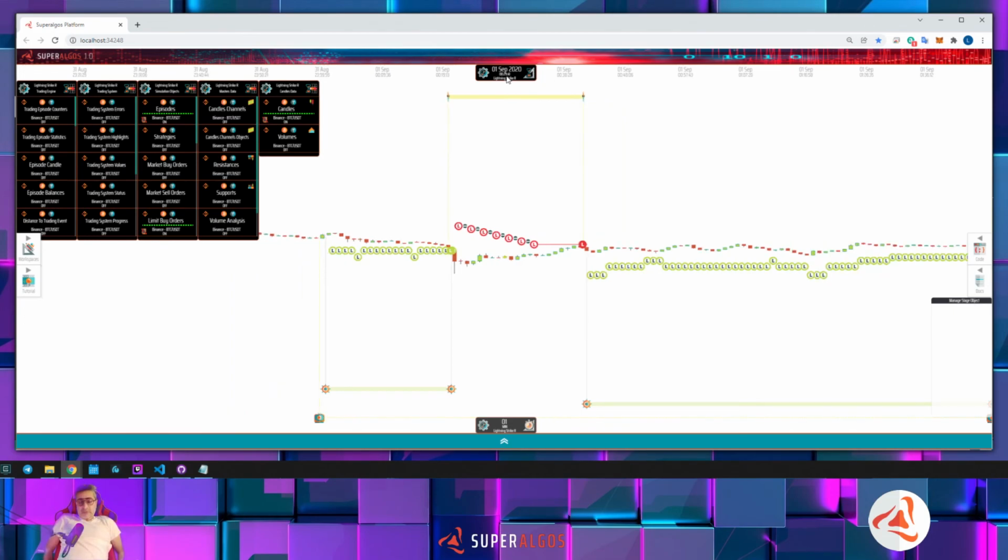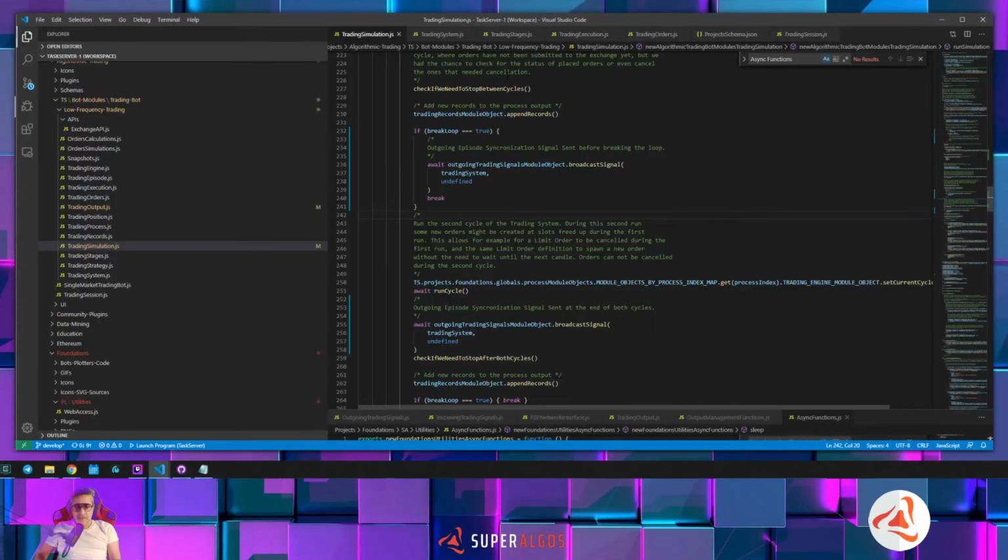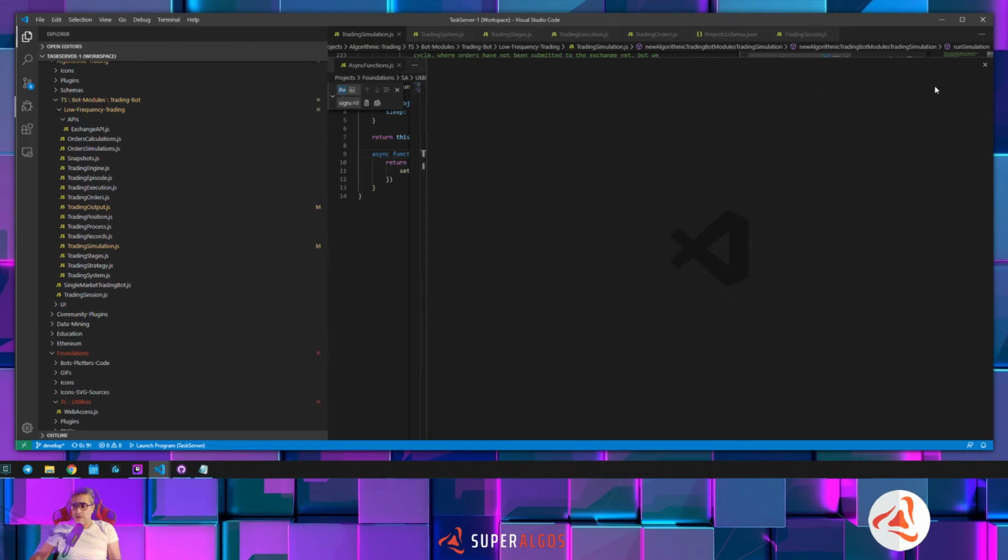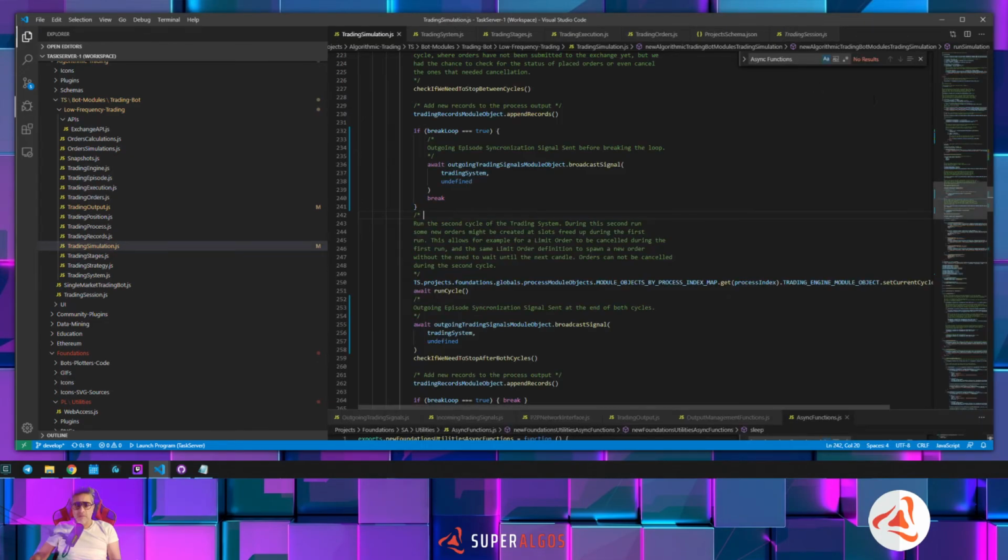Amazing. So essentially, this is like a historic moment. The first bot fully synchronized. Before I forget, I'm going to make the last change I wanted to do.